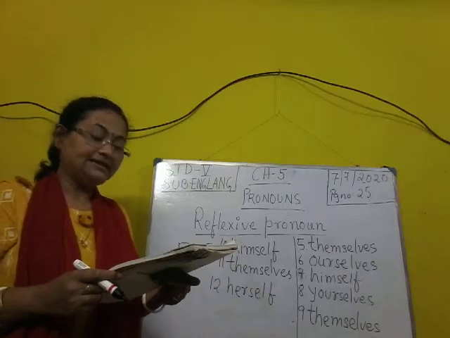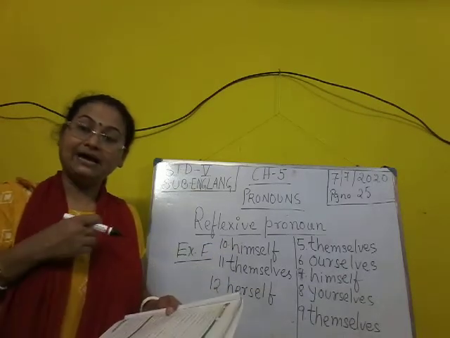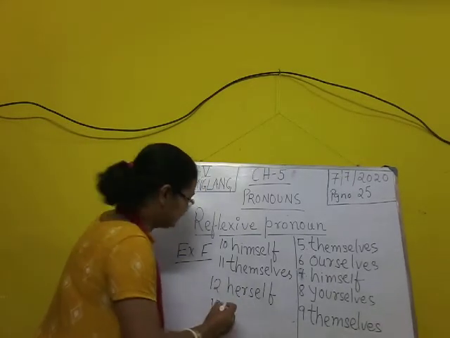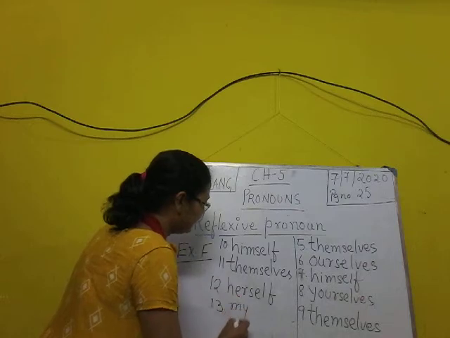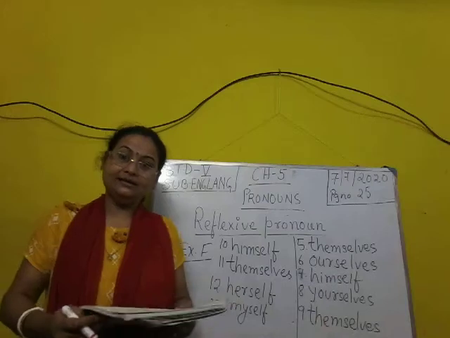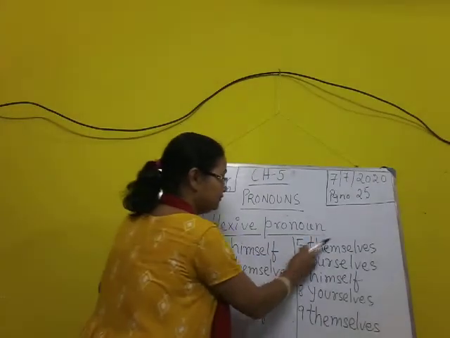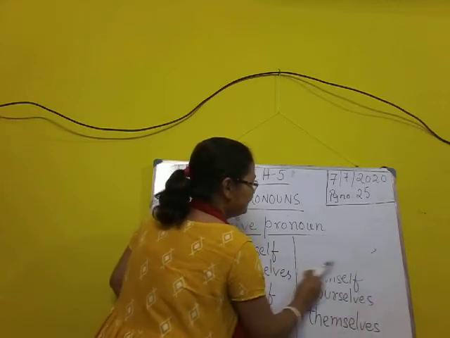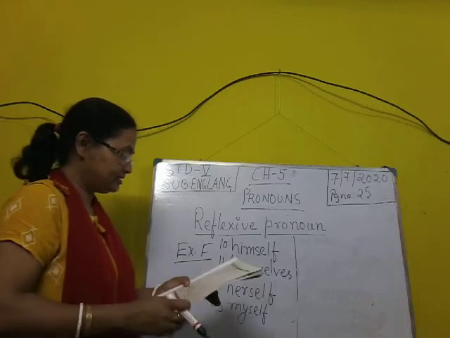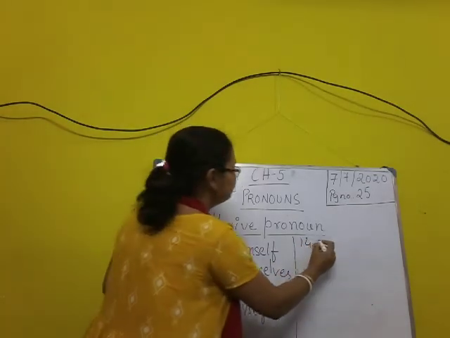I learned to play the piano by myself. So number 13 will be myself. M-Y-S-E-L-F. Clear? Then number 14. They cooked for blank. They means they cooked for themselves. Number 14, write down themselves.